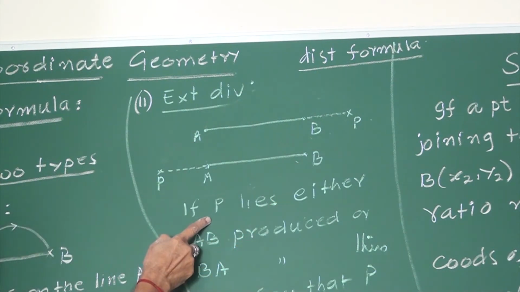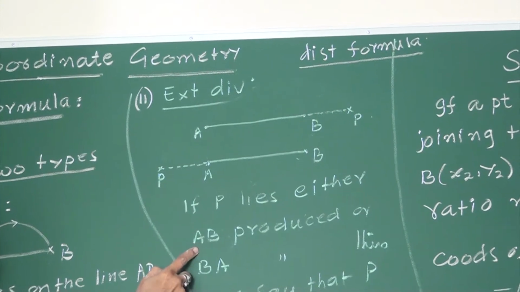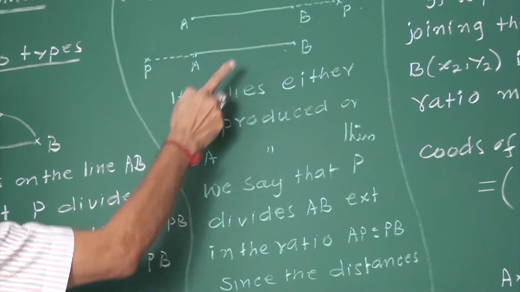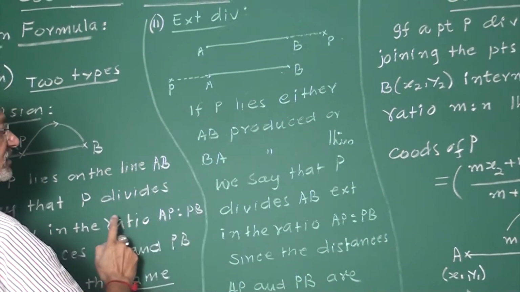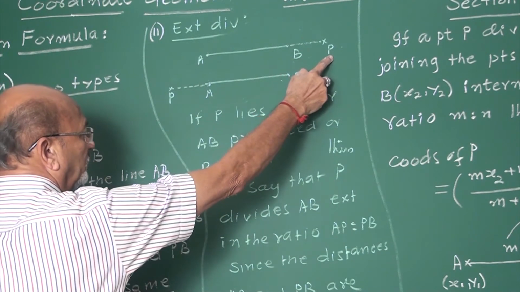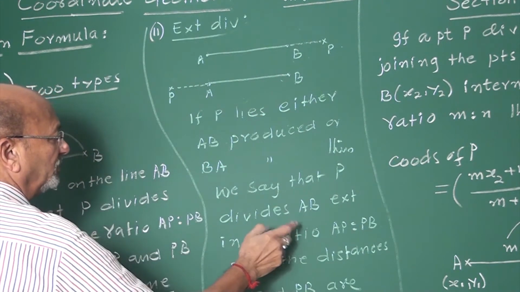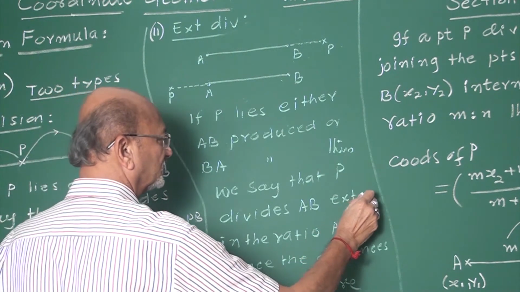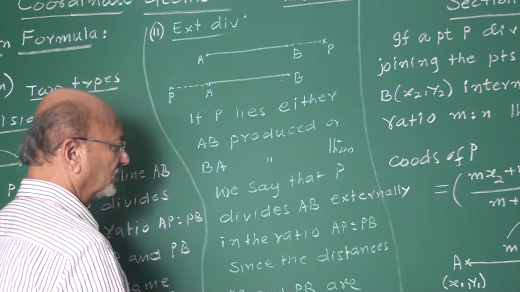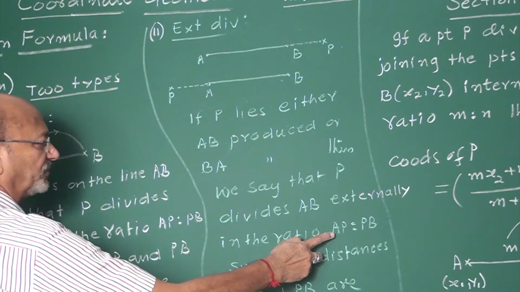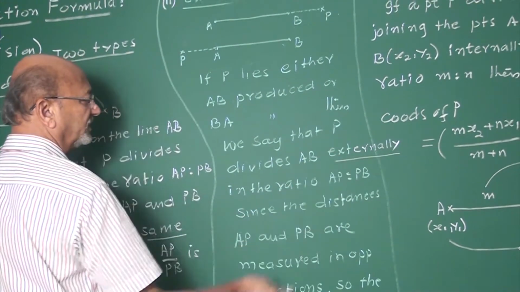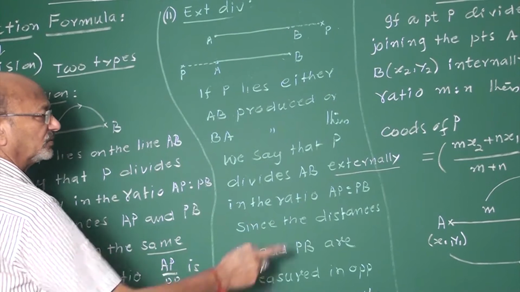Then, if the point P lies either on AB produced or BA produced, then we say that the point P divides the line AB externally in the ratio AP is to PB.